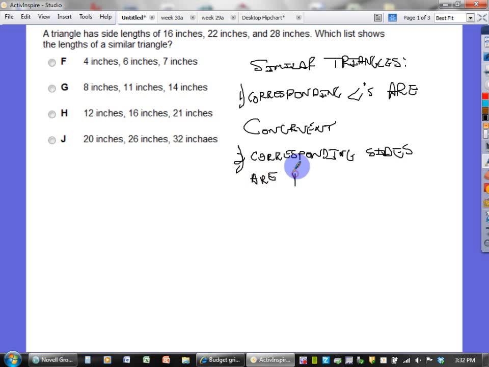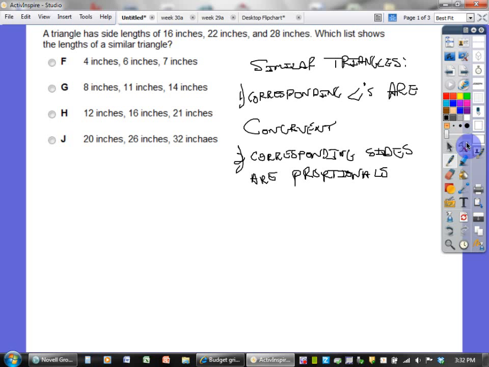And we can prove proportionality by using the cross products. And we'll show that in just a second.